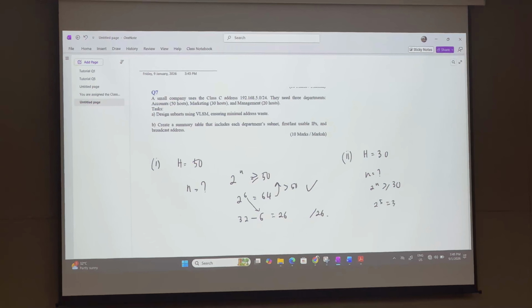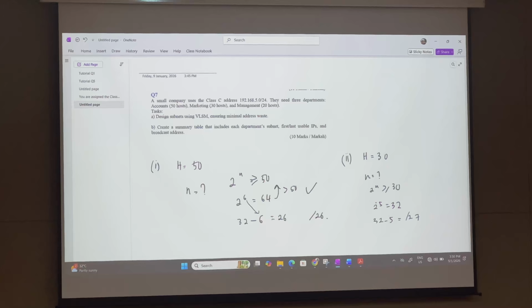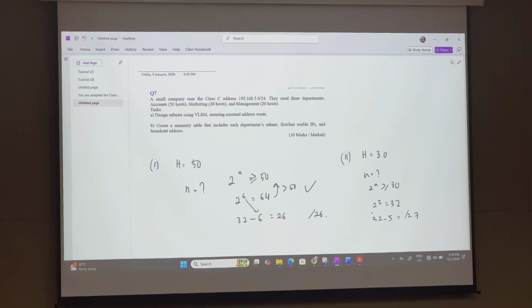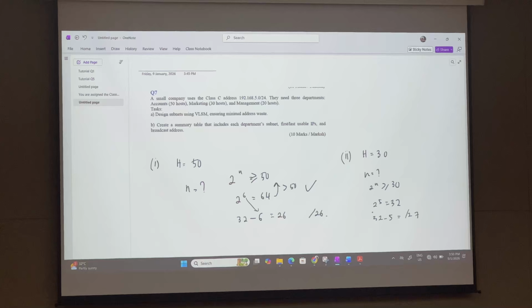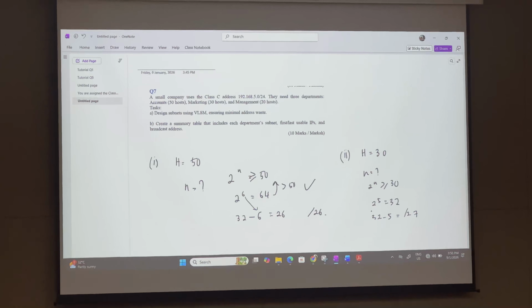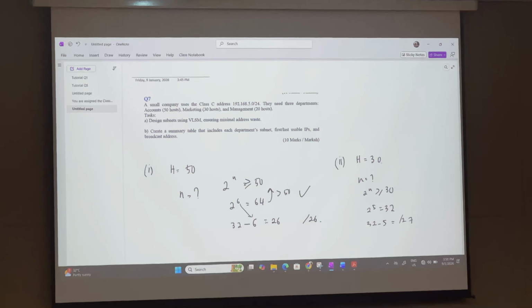So 32 minus 5 is 27, so the answer should be /27. Where does this 32 come from? The whole length of bits. We have 8, 8, 8, 8, four times 8 is 32 bits. Total is 32. So 32 minus 5 is 27.